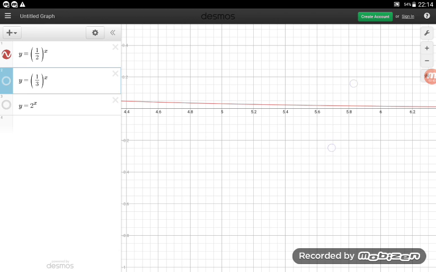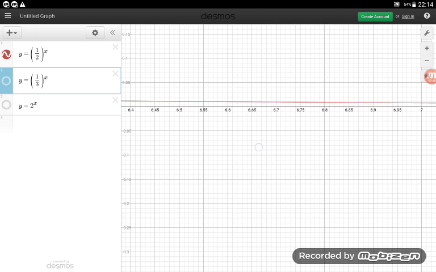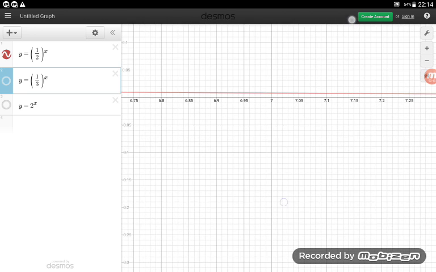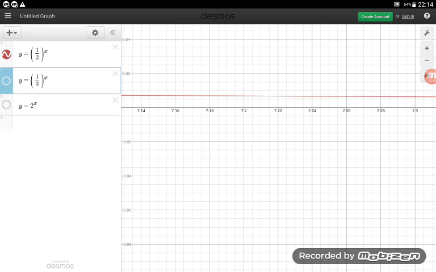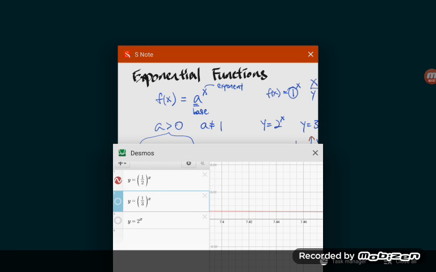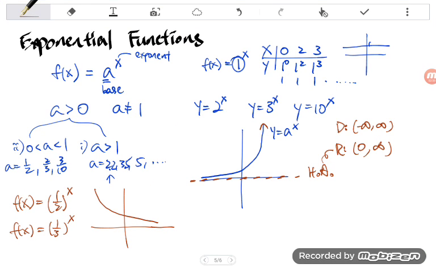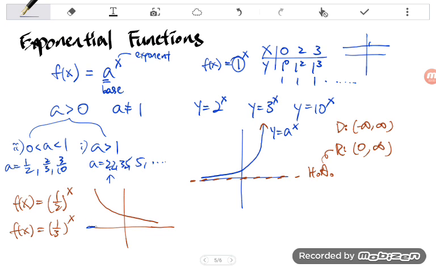The red line here, if I go towards the right, the horizontal asymptote will still be there. It gets closer to the x-axis, but it doesn't look like it's ever going to touch. So the horizontal asymptote is still there.